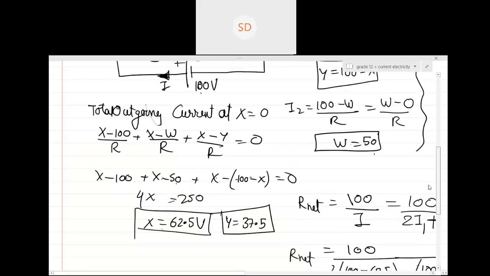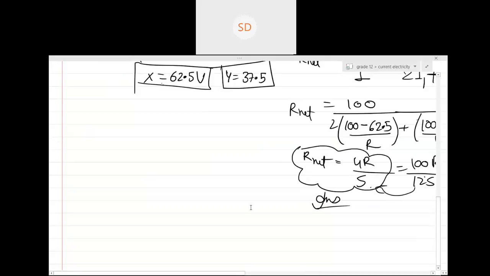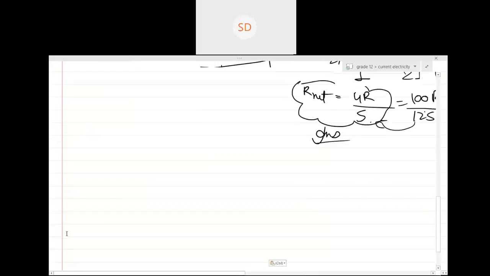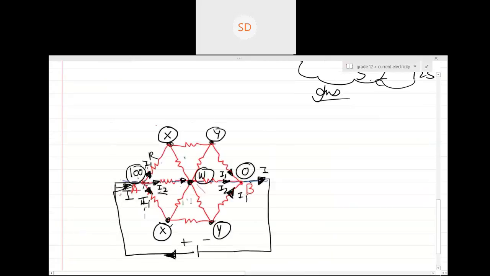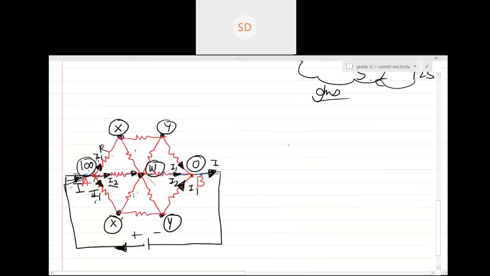Now see guys, how will we do this using the SS method? So I'll just copy and paste. Now I told you how many different points I'll draw. I'll draw 5 different points.